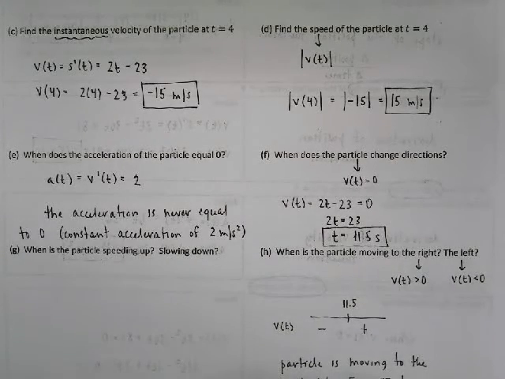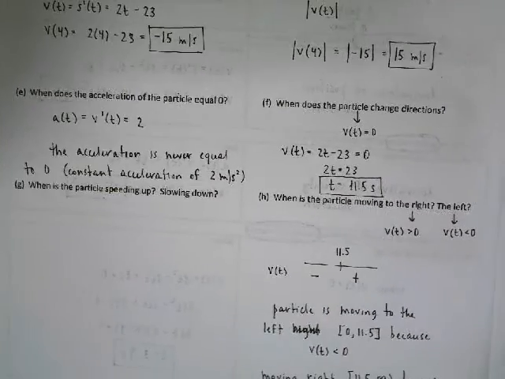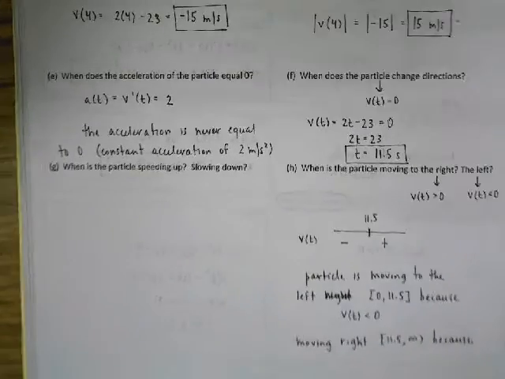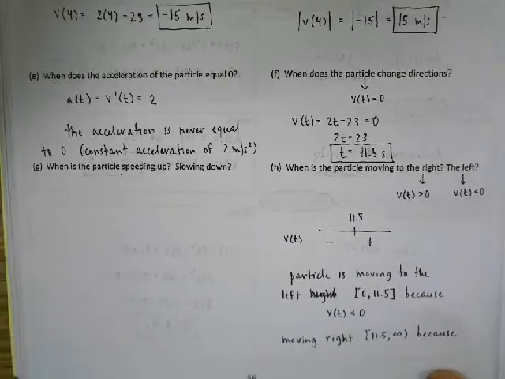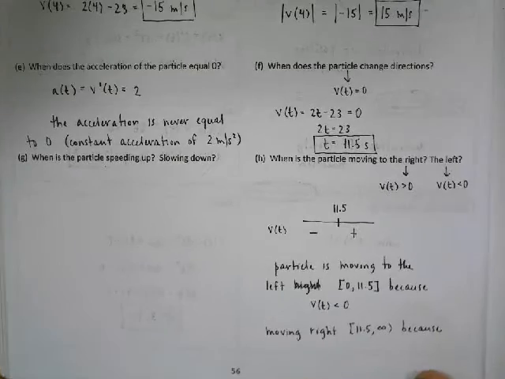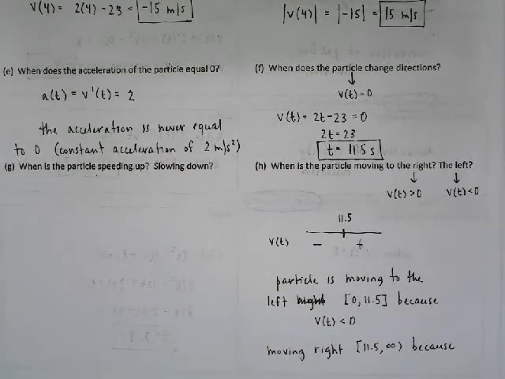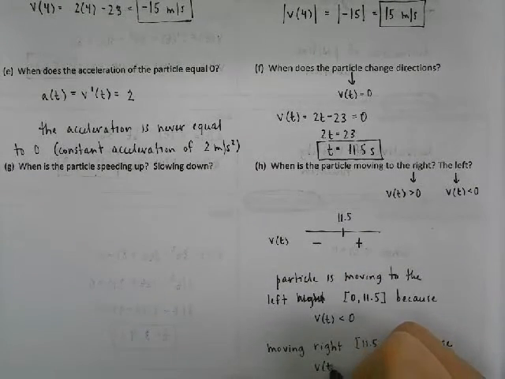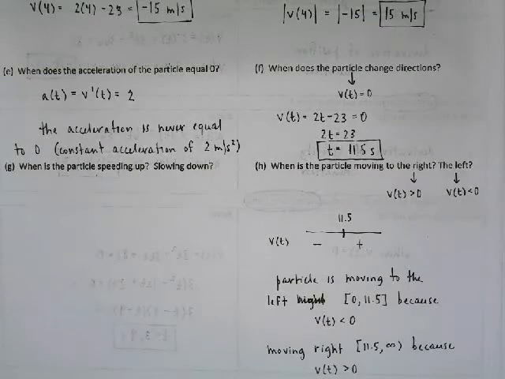Now I'm moving right for time greater than 11.5 because my velocity is greater than 0. Oops, let me scoot this up. Sorry about that. Oh my goodness. Here we go. Because velocity is greater than 0.